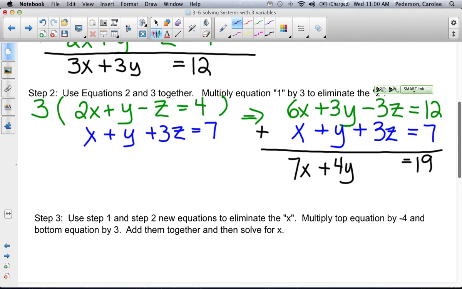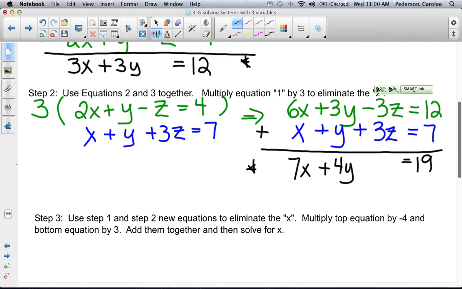Now look at step 1 and step 2, those black equations. 3x plus 3y equals 12. And this equation, 7x plus 4y equals 19. In both of those equations, we eliminated the z variable. Now we have a 2 by 2 system that we can either solve for x or y.